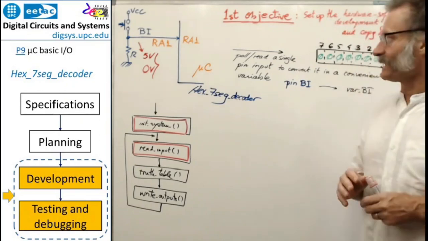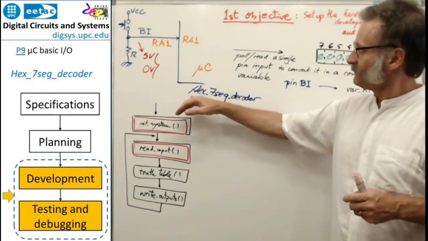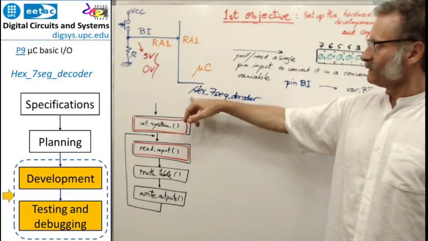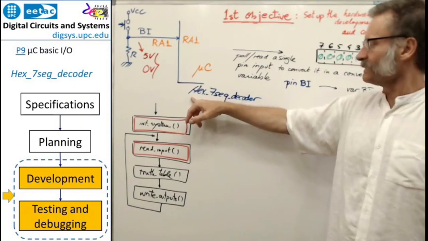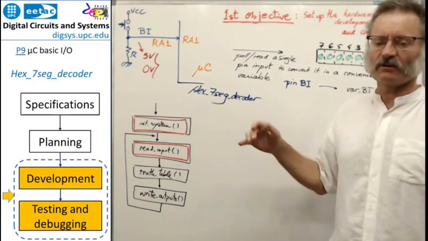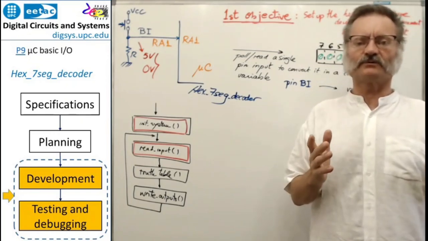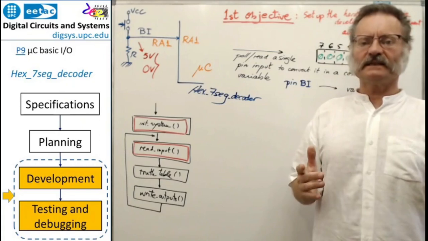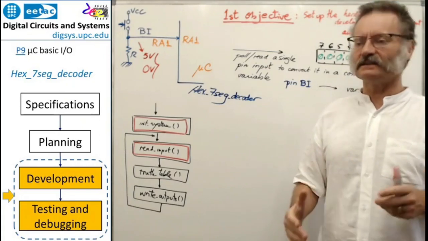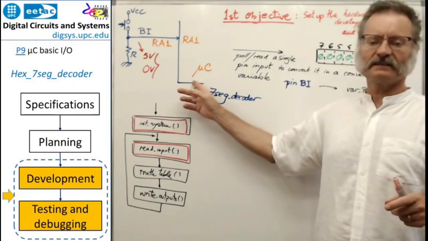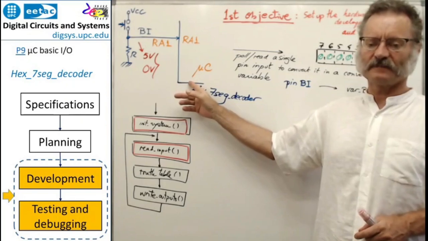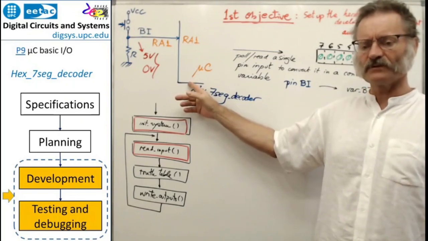For what exactly? Well, if you have in mind building a complex circuit, let's imagine a hex 7-segment decoder, complex because you have a lot of inputs and outputs to read and write, the idea here is very simple. Let's take it easy and forget that this circuit has that many inputs and outputs.